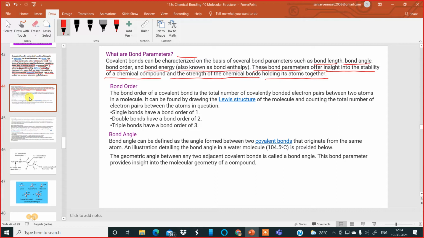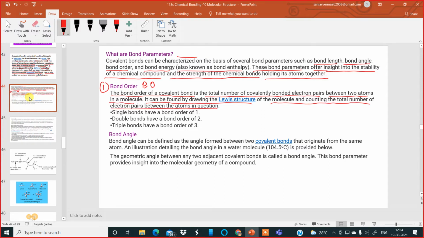The first bond parameter is bond order, in short BO. The bond order of a covalent bond is the total number of covalently bonded electron pairs between two atoms in a molecule. It can be found by drawing the Lewis structure of the molecule and counting the electron pairs between the atoms in question.